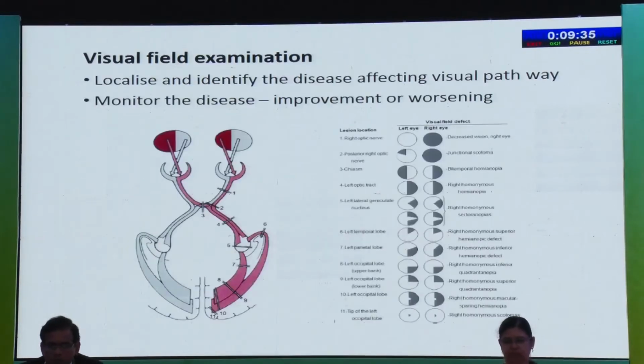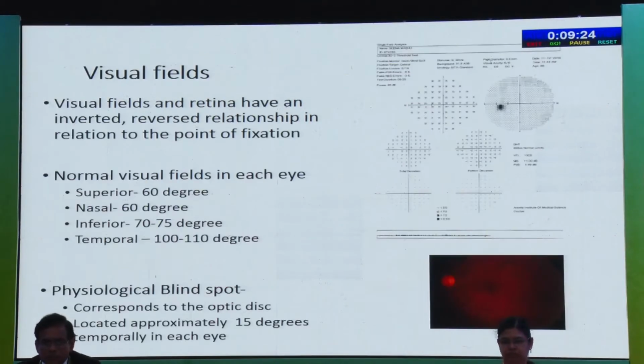Visual field examination is important to localize and identify the disease affecting the visual pathway, and also to monitor the disease, whether it is improving or worsening. Visual field and retina are related oppositely.